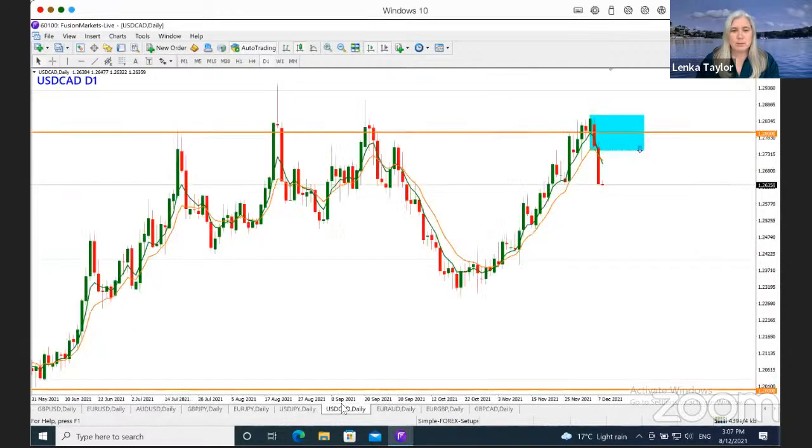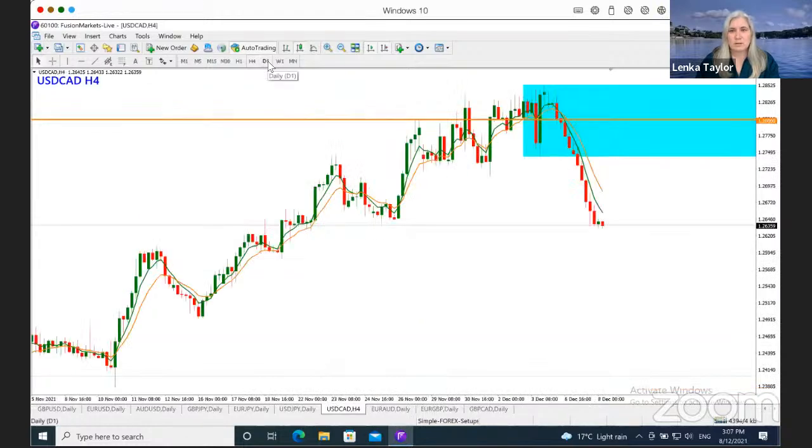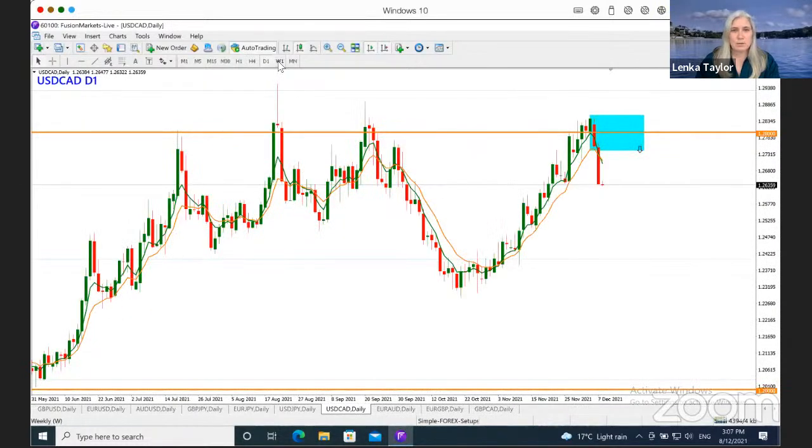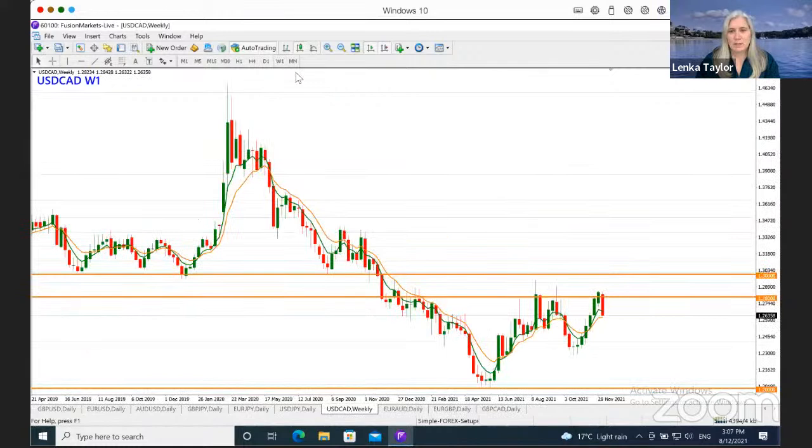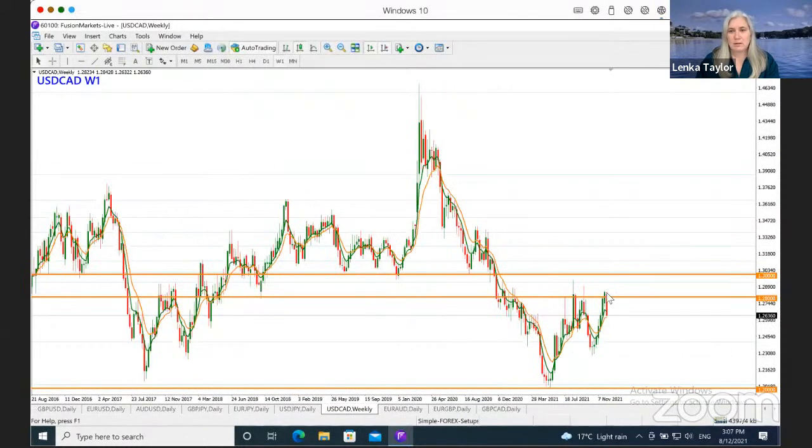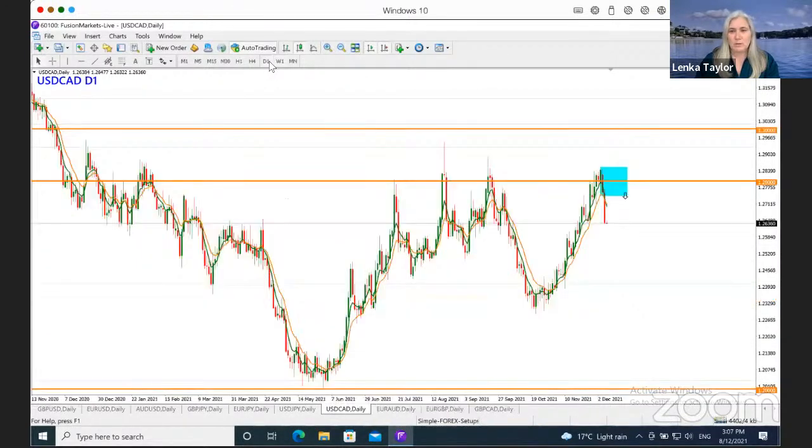Next currency pair I'm looking at is USDCAD. So USDCAD, I was looking for a short last week and I missed it. So at the moment, on the weekly, we're at the top, so near that resistance line at 1.28, and I'm looking for a short from there.